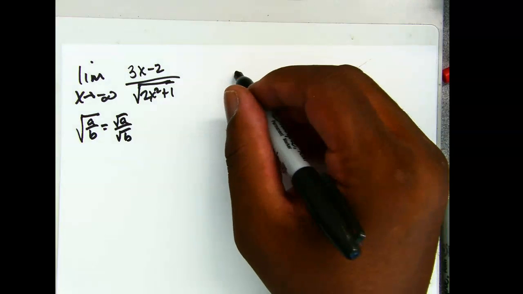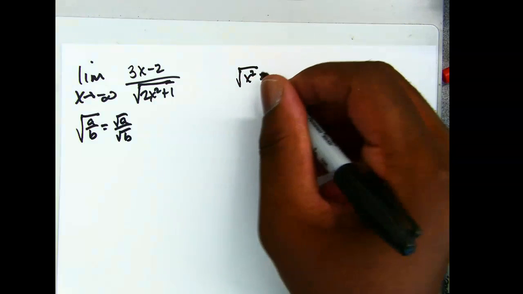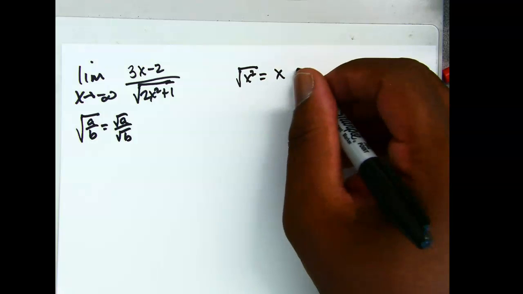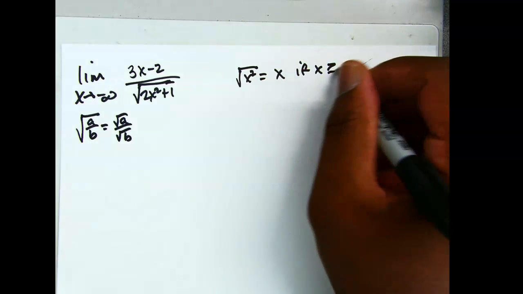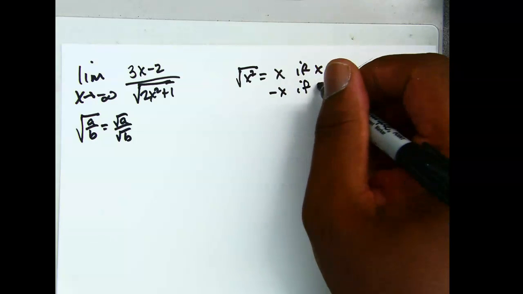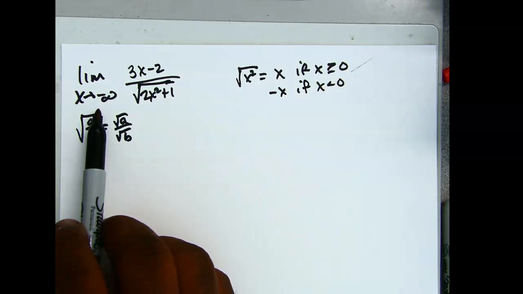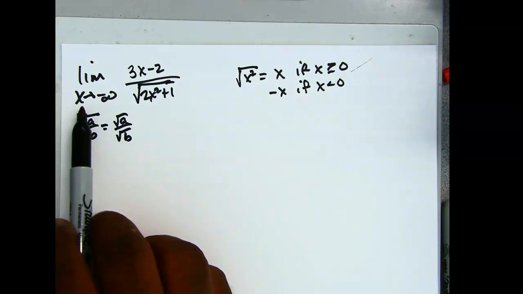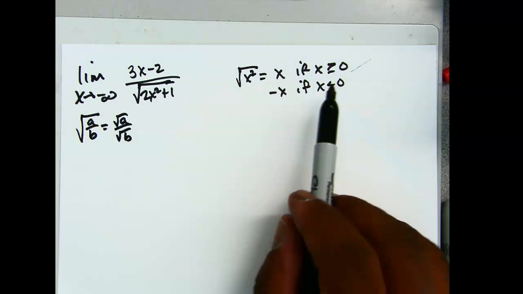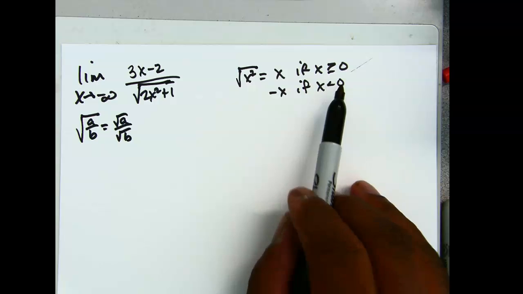Now here we already said that the square root of x squared is equal to x if x is greater than or equal to 0. It's the opposite of x if x is less than 0. So here, because we're taking the limit as x goes to negative infinity, our x values are less than 0.